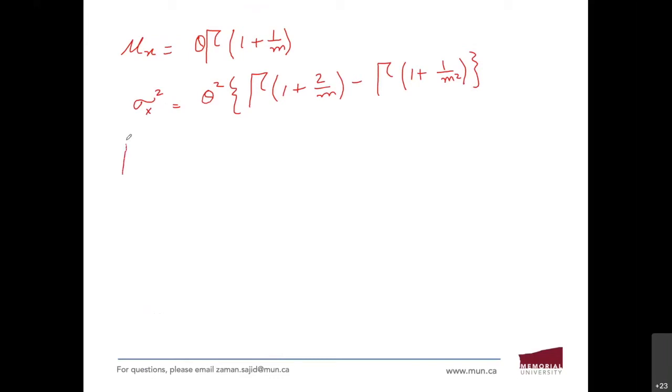Now this is a new thing for you, maybe. It's called the gamma function.